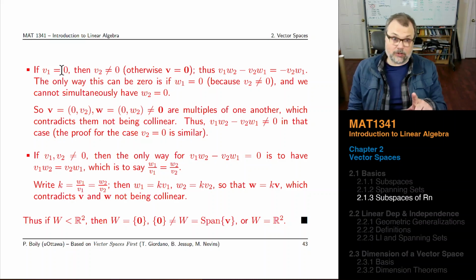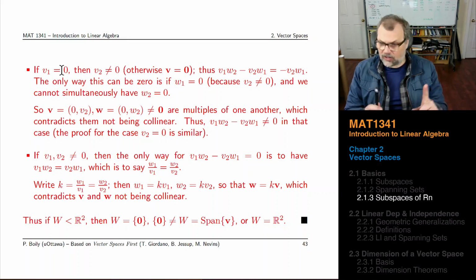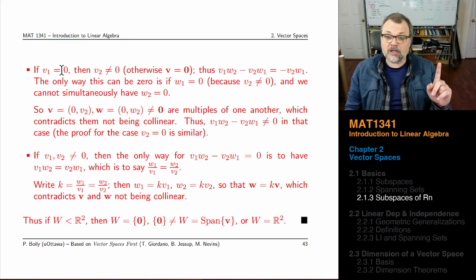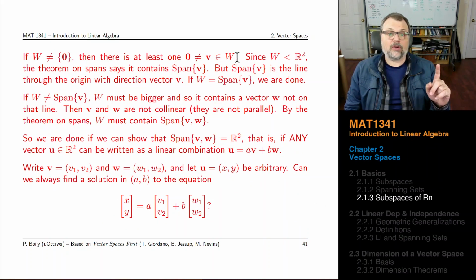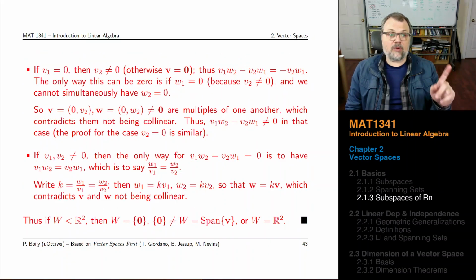Because if it was equal to 0, then we'd have both V1 and V2 being equal to 0, meaning that V is the 0 vector, but by assumption, this vector V was different from 0. So it's impossible to have both V1 and V2 being equal to 0.